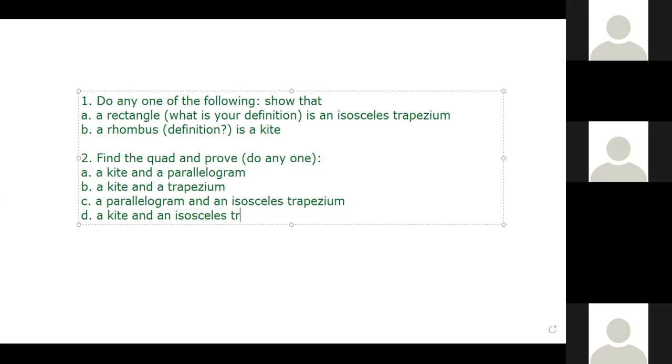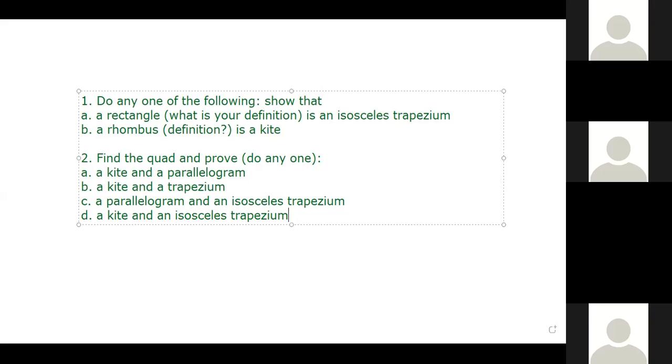Now, the last one, you should find it a bit amusing because both kite and isosceles trapezium have line of symmetry, that you have figured out already. But neither has rotational symmetry.